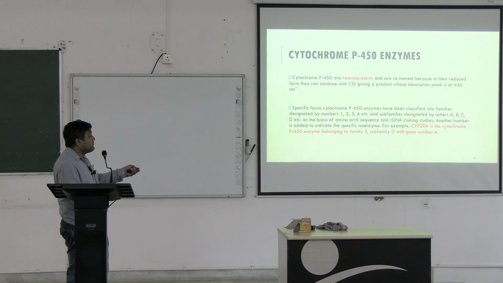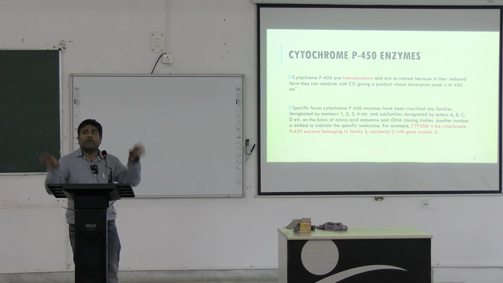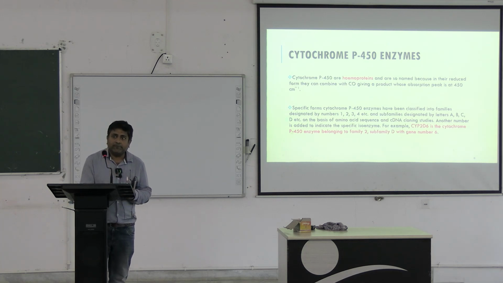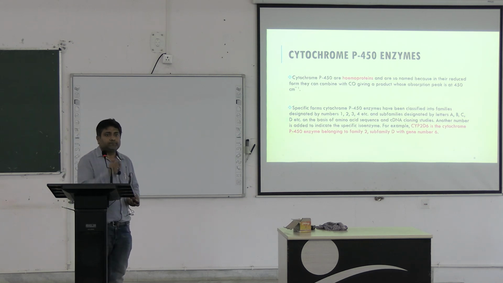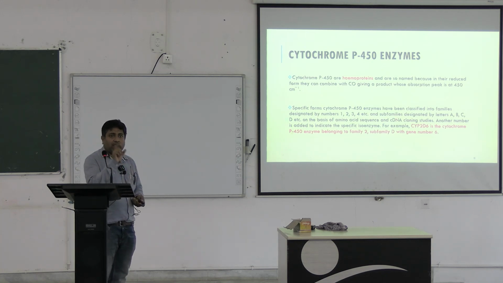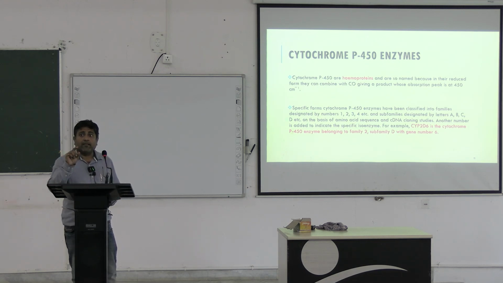Now it's not a single enzyme. They are basically a group of enzymes, and each of the enzymes is numbered. These enzymes are classified into families by giving a number 1, 2, 3, 4 and others, and again they are given subfamilies by the alphabets A, B, C, D and others, and individual enzymes are again numbered 1, 2, 3, 4.